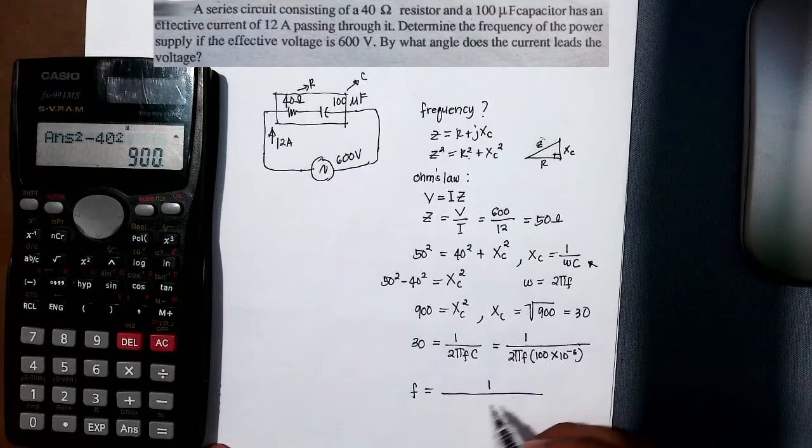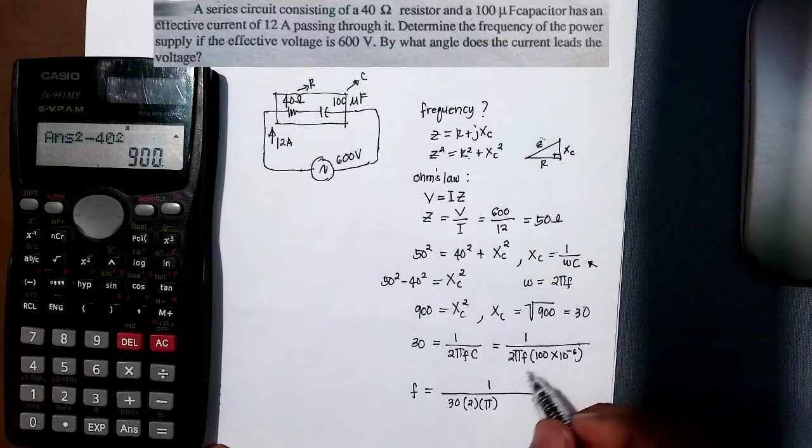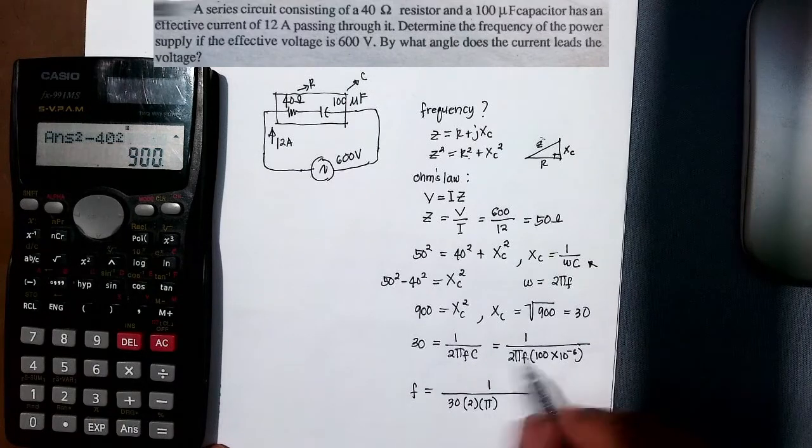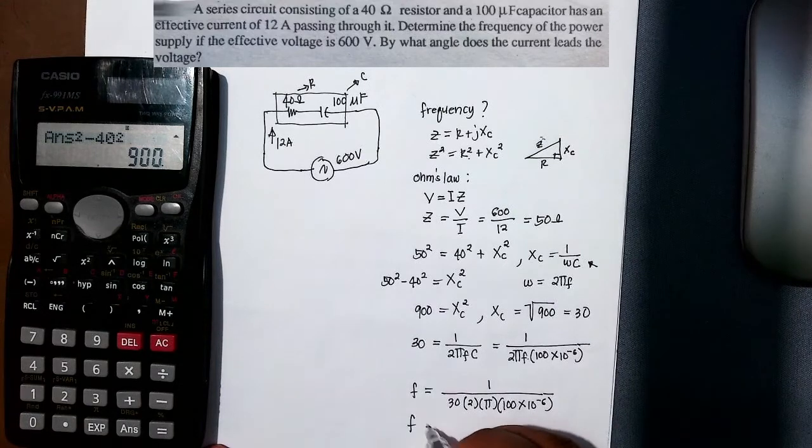You now can solve for F. So you have 30 times 2 times pi. You place F on the left side, and from the denominator it becomes a numerator, and then 100 times 10 to the negative 6. So, frequency.